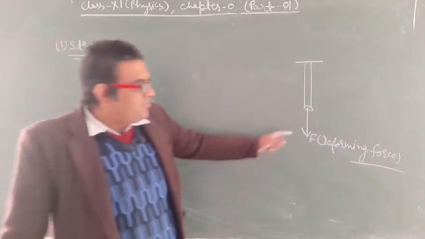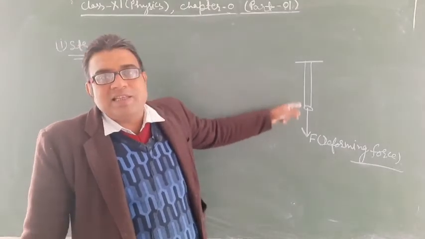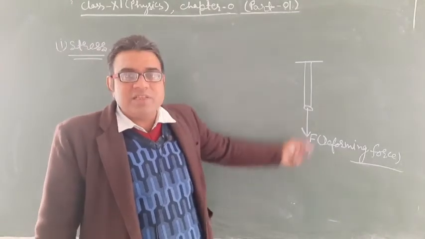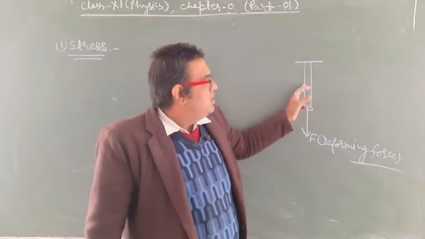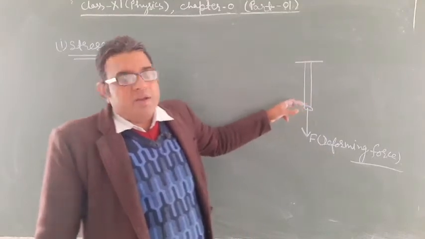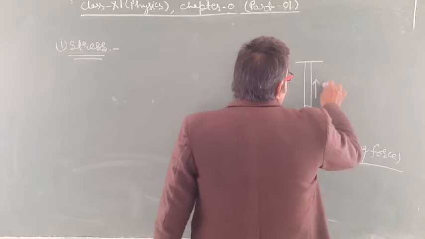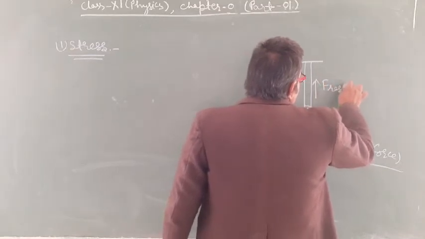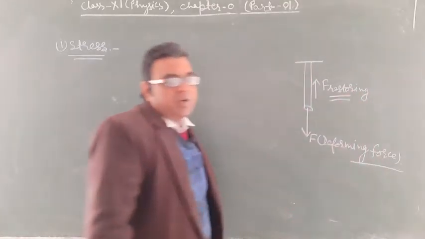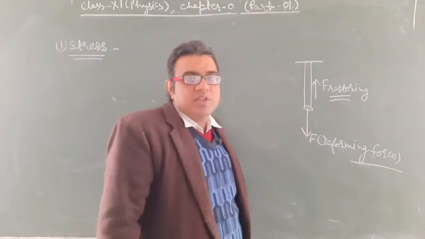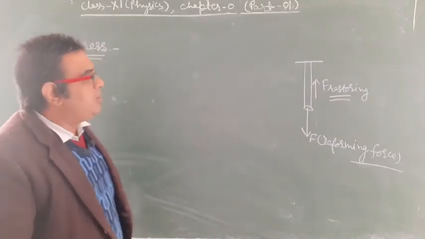So for this deforming force, there is a deformation in the body, or the body will change its length, since this force is acting normally on the body. So there is a normal deformation in the body, and due to this normal deformation the body develops a force that is called F restoring. The body develops a force, F restoring, to bring the body to its original shape, or its lowest energy state or stable equilibrium.